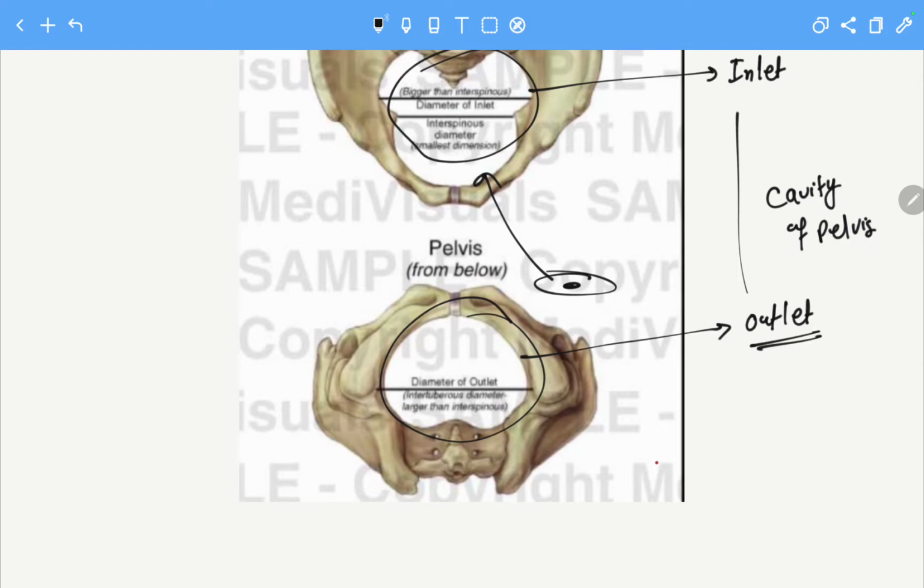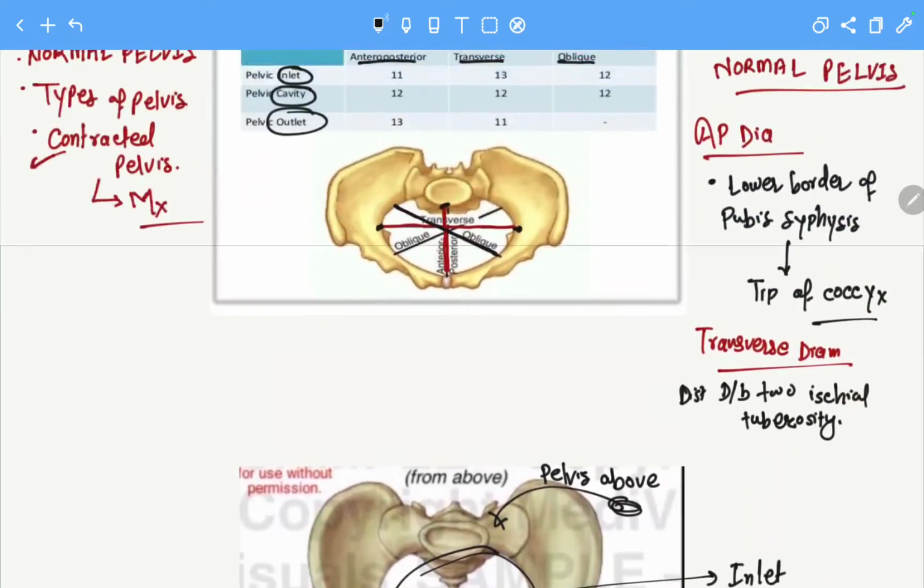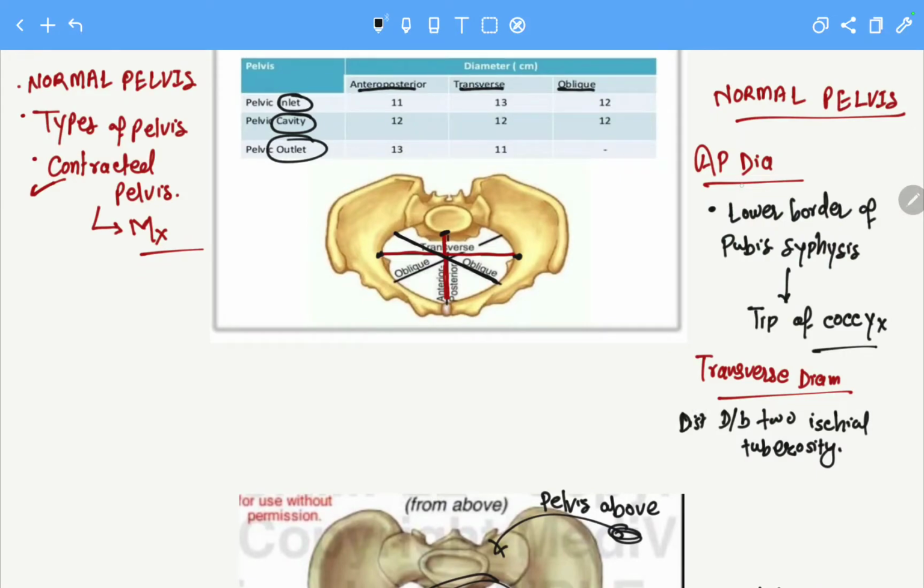This is very helpful for understanding the contracted pelvis. So let's remember the inlet diameters, cavity diameters and outlet diameters in terms of AP, transverse and oblique.